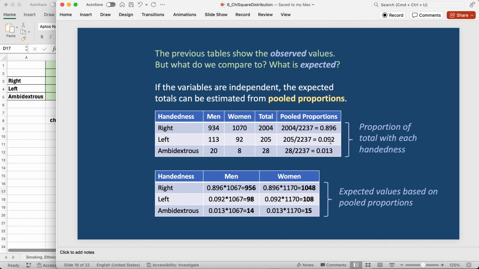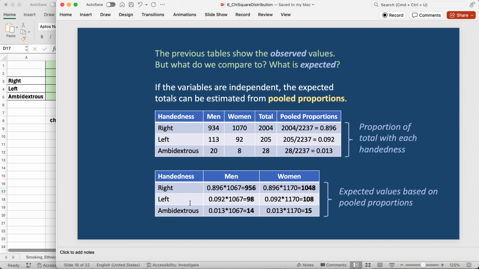So we multiply 0.896 times 1067, and that means our expectation is that 956 men would be right-handed. And so right-handed, the percentage is 89.6%. So we use the same number for women, but we multiply by the number of women in the sample. And so we would expect that 1,048 women in our sample would be right-handed.